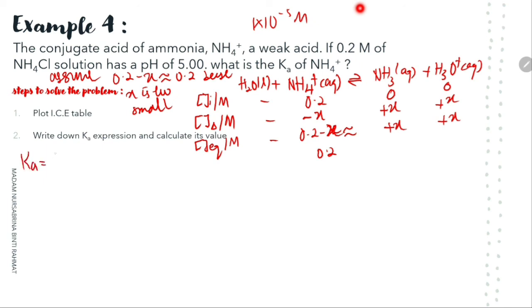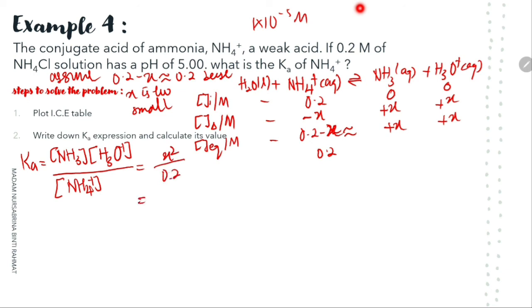Ka is NH3 concentration times H3O plus over NH4 plus. Substituting, X squared over 0.2, where X is 1 times 10 minus 5, over 0.2. So you will get your Ka to be 5 times 10 minus 10.